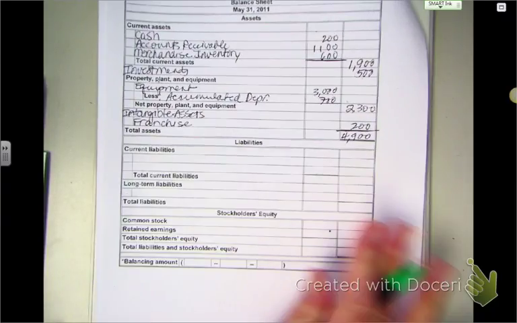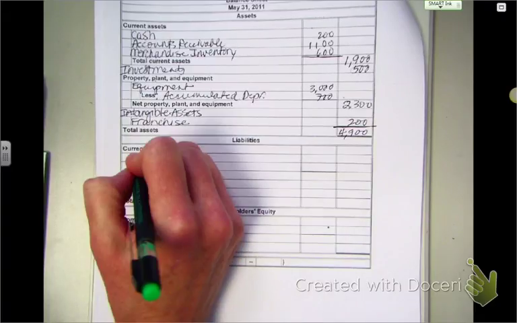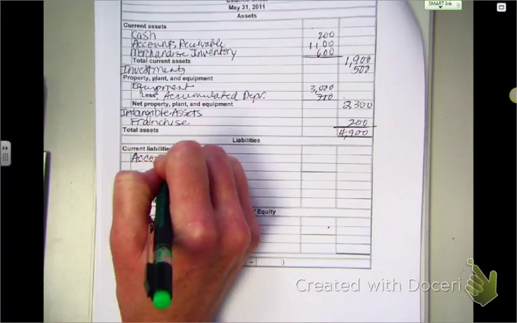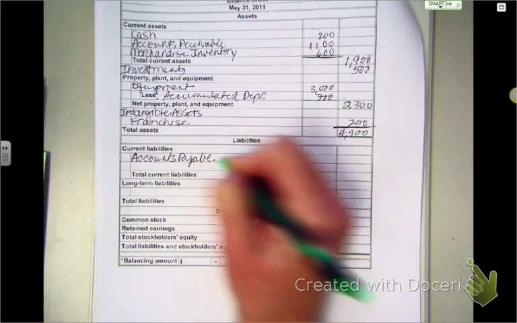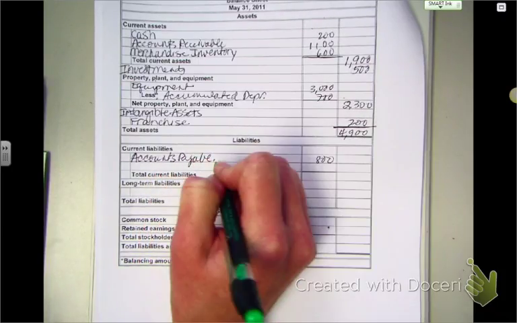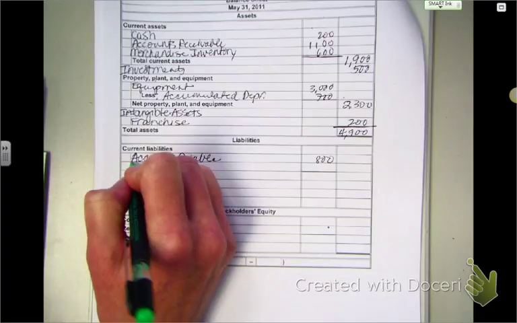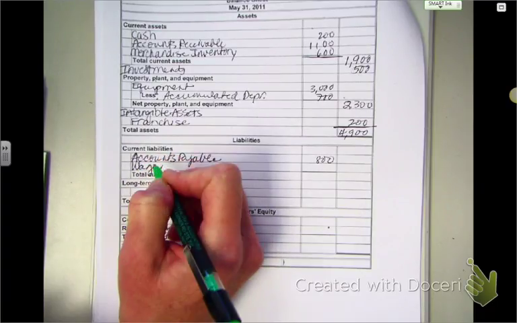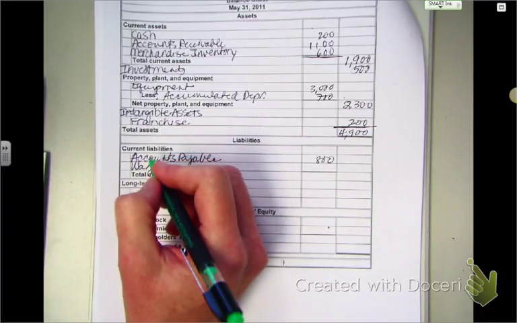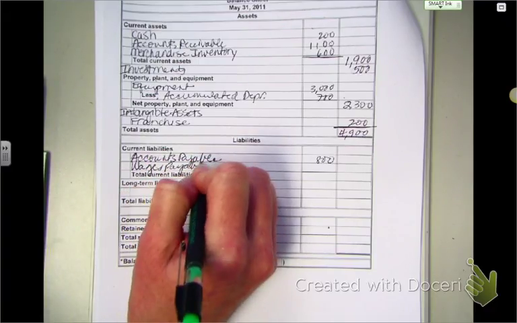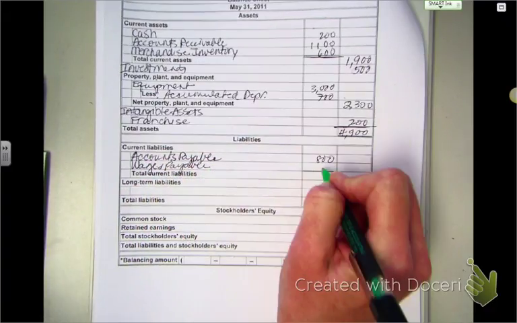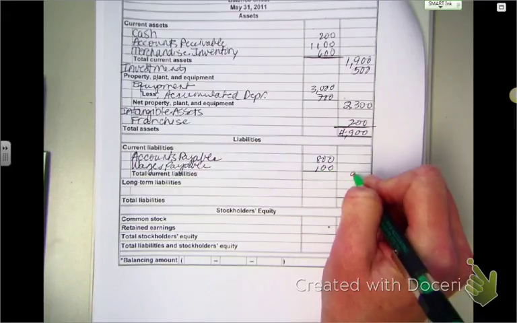Walking over to our liabilities, we have liabilities outlined in the problem of accounts payable for $800 and wages payable of $100 for a subtotal of $900.